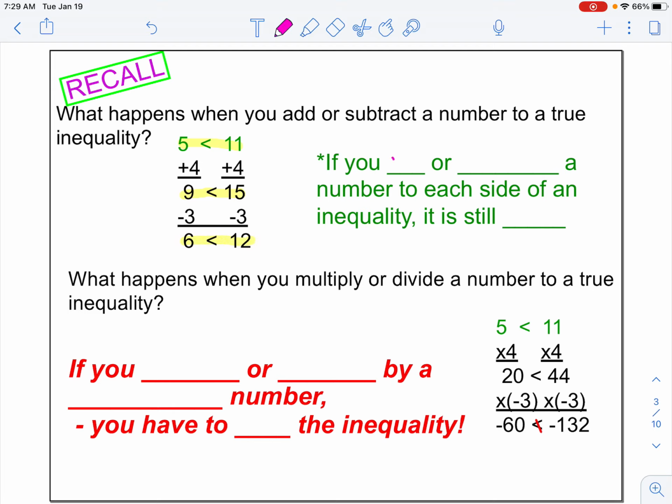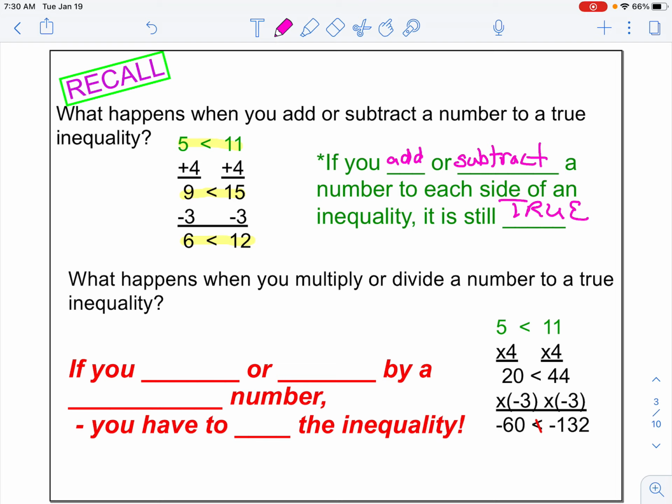So if you add or subtract a number to each side of an inequality, it's still true. So when we're solving an inequality, if we're just adding or subtracting something to each side, then we don't do anything. It's still true.